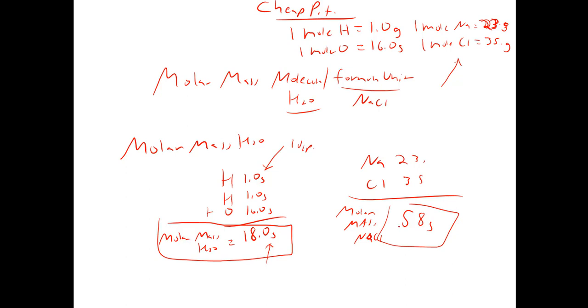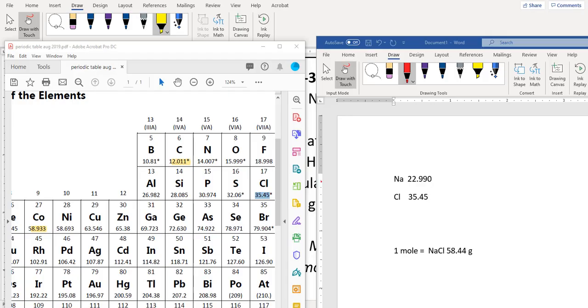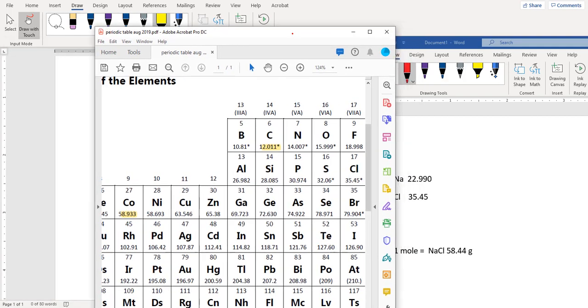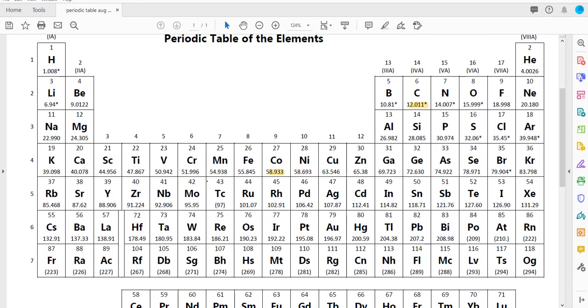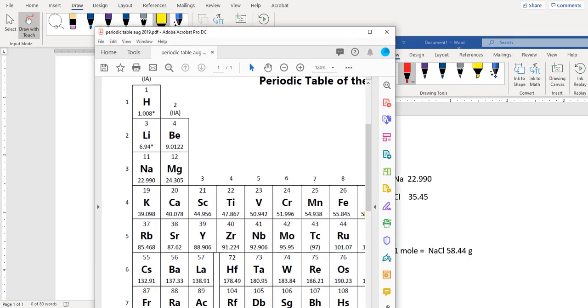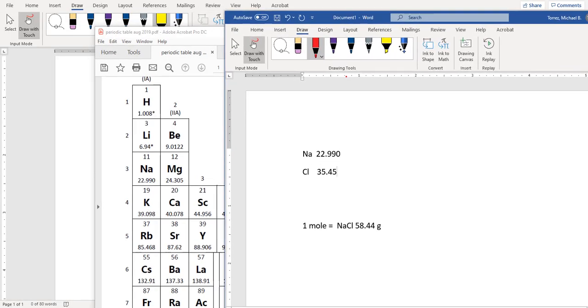Now, I could give you harder problems where you have to use the periodic table. So going back to our periodic table, sodium is 22.990 and then chlorine is 35.45. You'll notice there are a lot more digits, and you have to account for sig figs when adding them together.